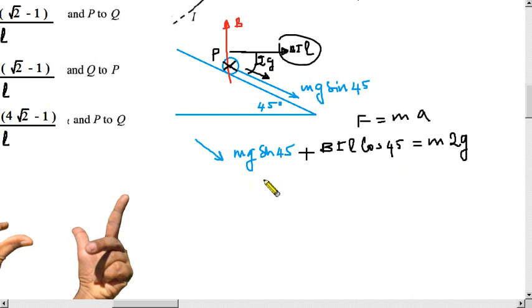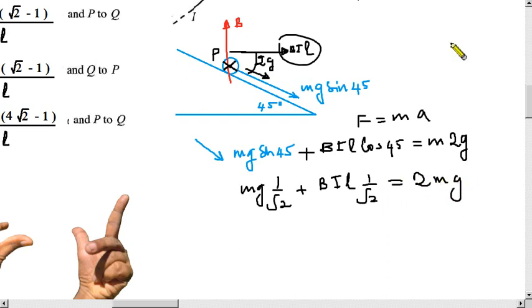So mg sin 45 means mg times 1 upon root 2, plus BIL cos 45, which is also 1 upon root 2, equals 2 times mg. We can multiply by root 2 to simplify this.